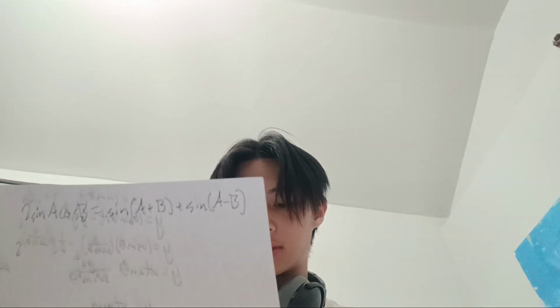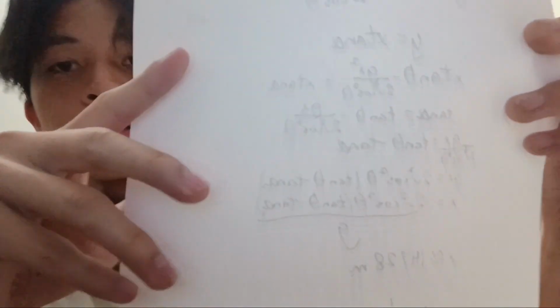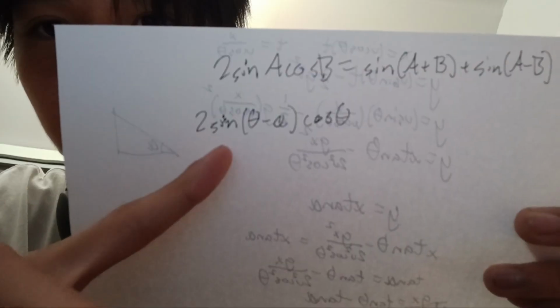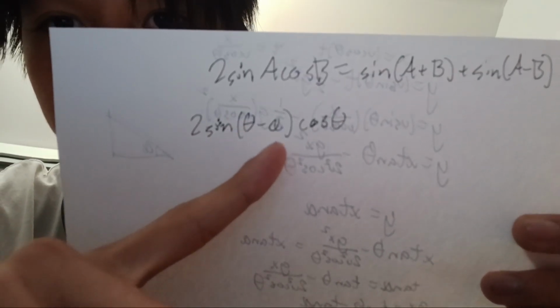So in this case, the A would be theta minus alpha, and then the B would just be theta, right? So 2 sine A cosine B is 2 sine of theta minus alpha times cosine of theta.